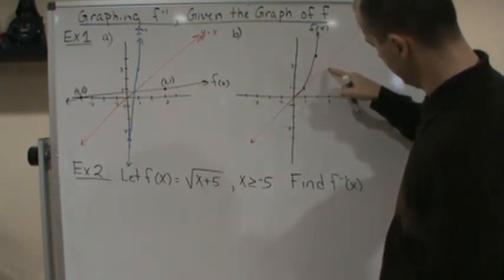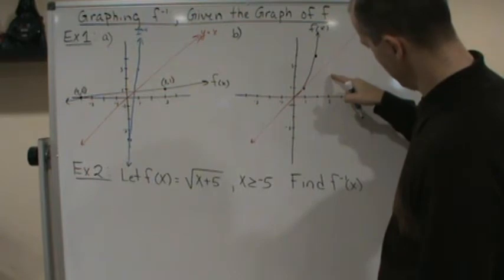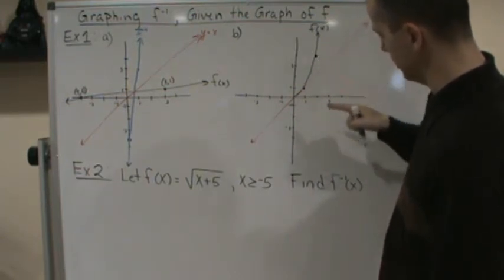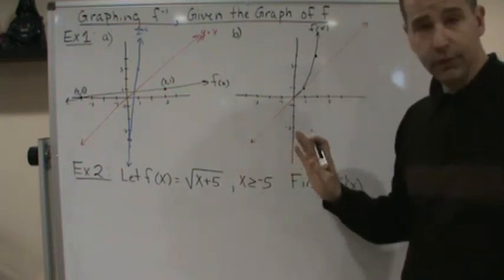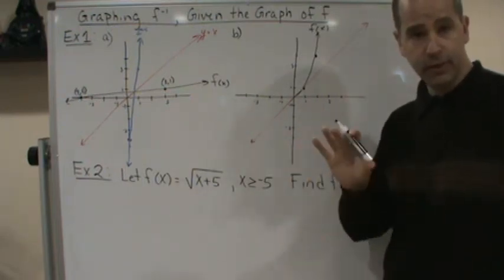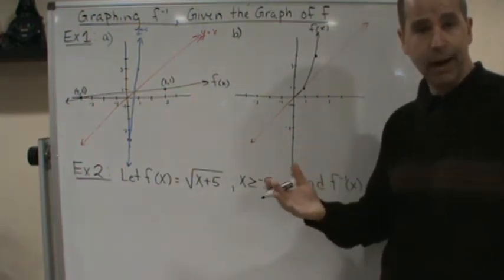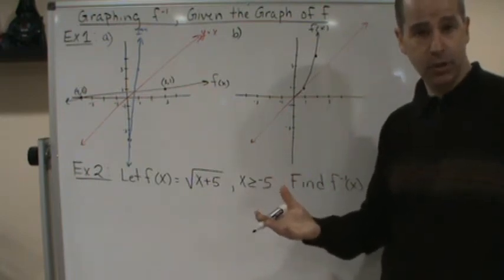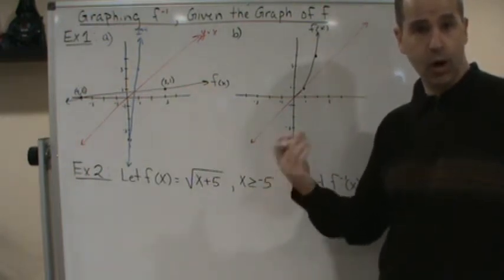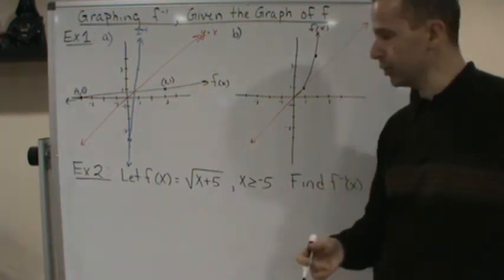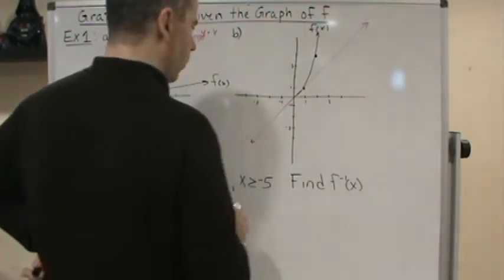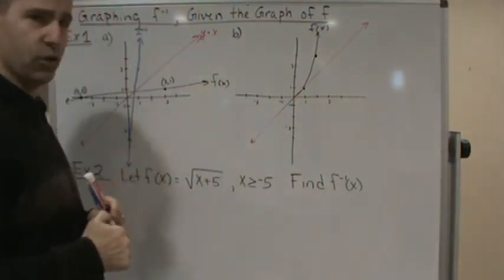So if I go the same distance from this point, that should put me on the mirror image. So basically plotting inverse functions, if you're given the function, is about finding the mirror image of the function across the y equals x line. That's basically what we're doing. But again, it's difficult, especially when you're sketching the graph, to use that method.